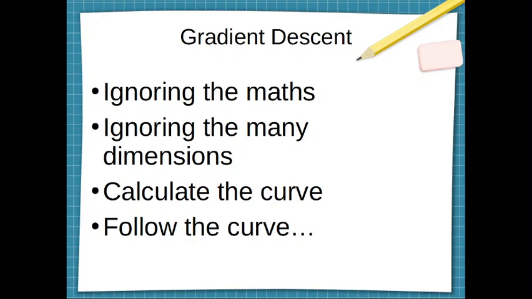Work out the right direction of travel, and a lot of the other complexities fall into place. What I expected to do for this video was to sit down and look at stochastic gradient descent and Newton-Raphson methods and all these other complex methods of training a neural network. And I just found that I couldn't really explain them without going back and understanding gradient descent in a lot more detail. So this is why this video exists.